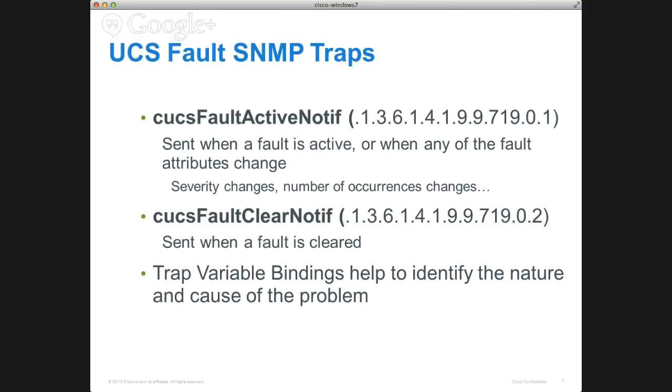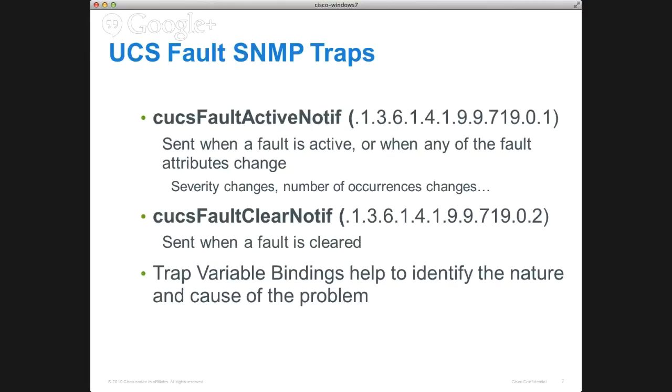The fault could potentially go up and down in severity. It could go from minor to major to critical and back down. So it can change severity. It can occur, and we track the number of times it's occurred. And when that particular issue is mitigated, then we'll send an appropriate clear notification.